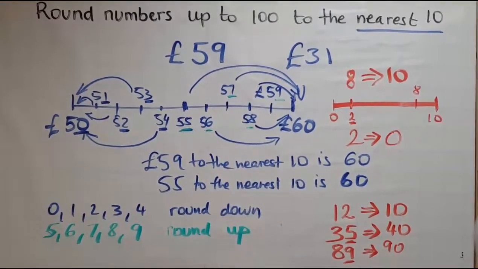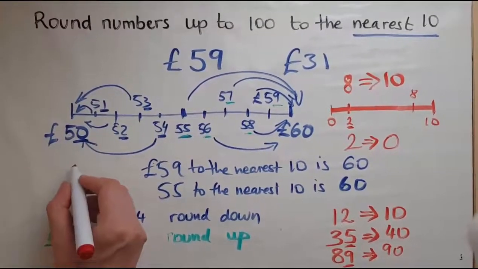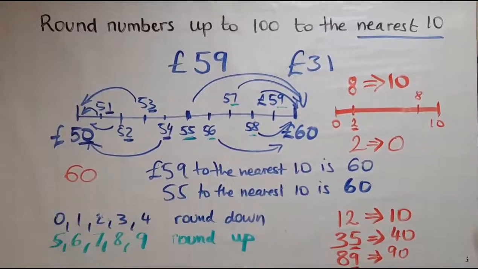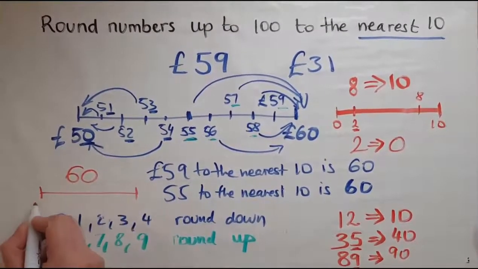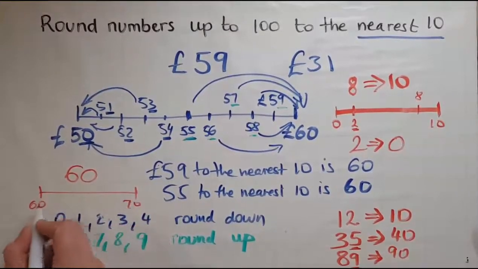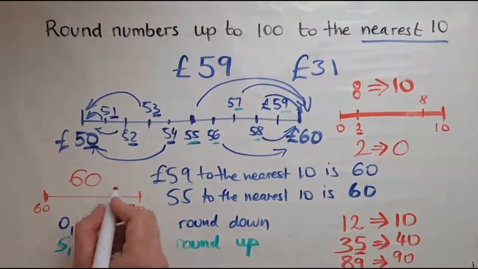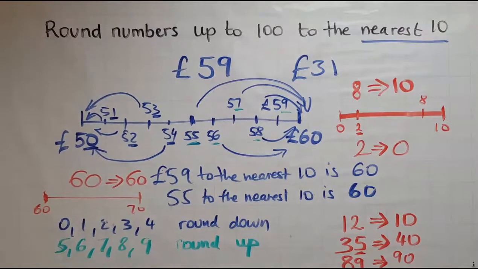And my final question is, if we've got 60, rounded to the nearest 10. Now 60 stands between 60 and 70. So to the nearest 10, that is 60 itself. So the answer would be 60. So this is how you round numbers up to 100 to the nearest 10.